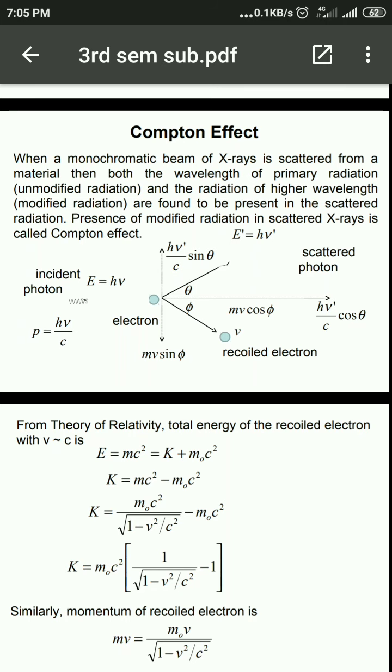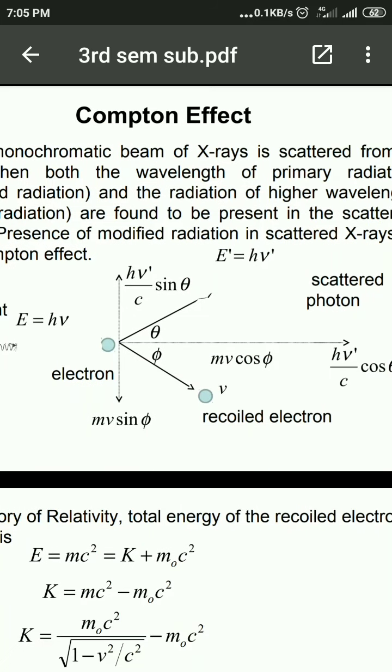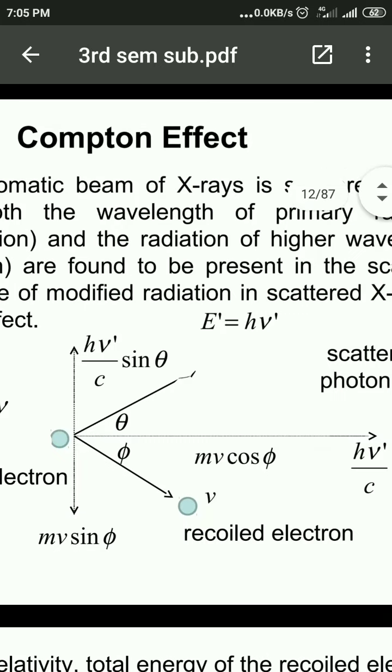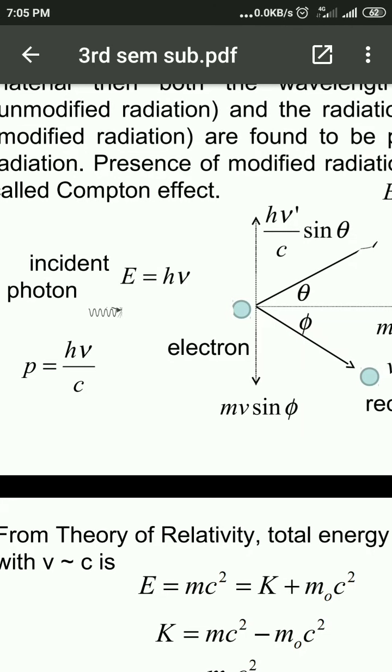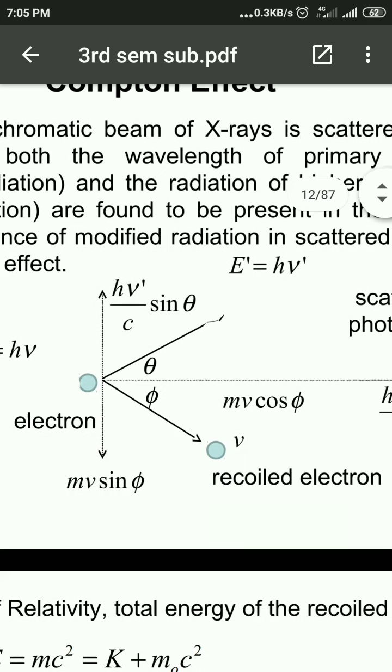It goes with frequency nu dash, having energy E prime, where E prime is equal to h nu dash. Earlier the beam, this curved line shows the incident photon, has h nu energy, and after scattering with the electron it has now h nu dash. So there is an incident beam and a scattered beam.